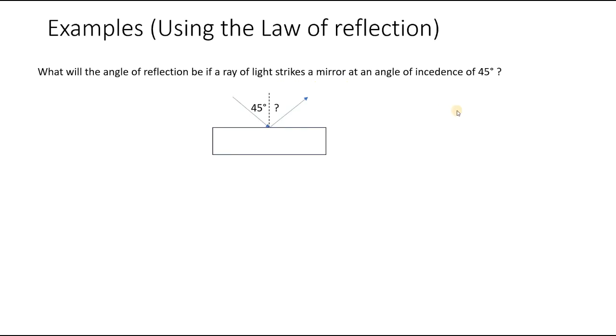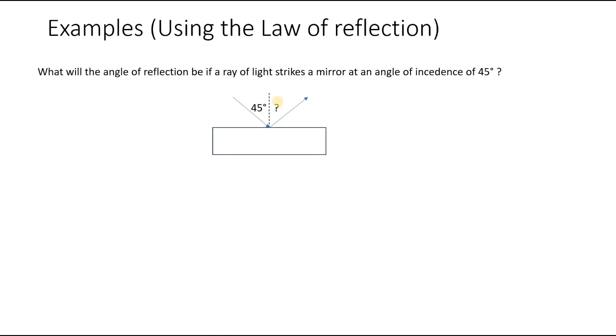Right, moving to examples. The first example: what will the angle of reflection be if a ray of light strikes a mirror at an angle of incidence of 45 degrees? We can see on the picture that the 45 degrees here is the angle between the normal and the incident ray. It's called the incident angle. And now this question mark asks us, what will the angle of reflection be?